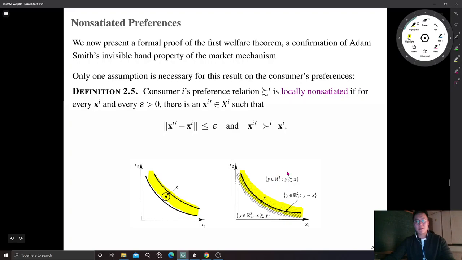And this region is the set of bundles y which are more preferable to bundle x. And on the curve, we have the bundles indifferent to bundle x. So this local non-satiation assumption rules out the possibility that indifference curves have some thick region, then the assumption is violated.